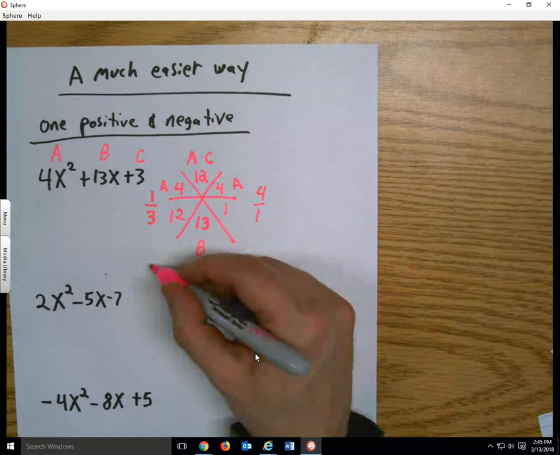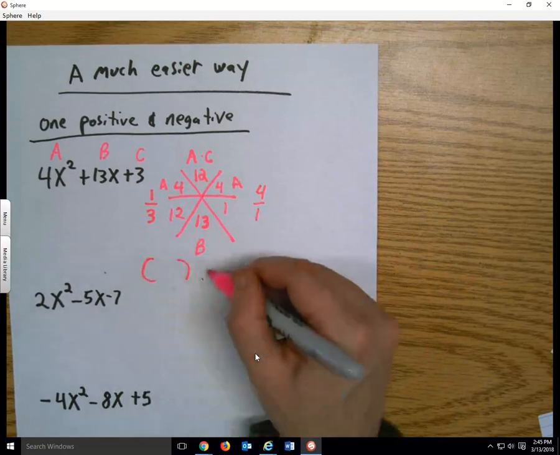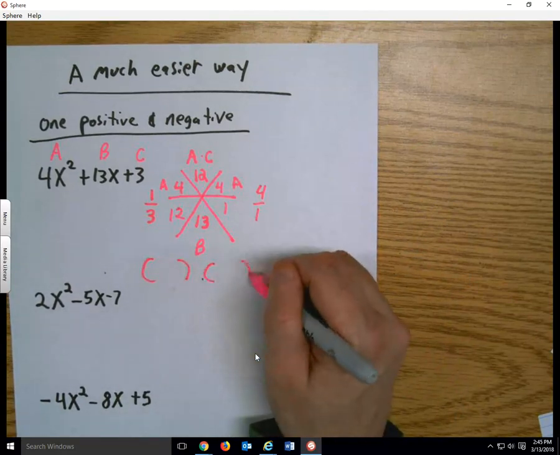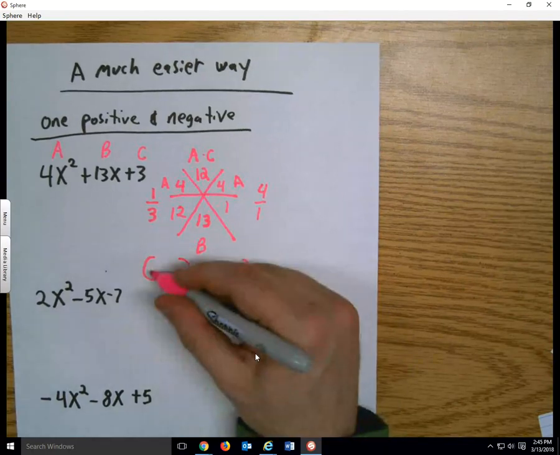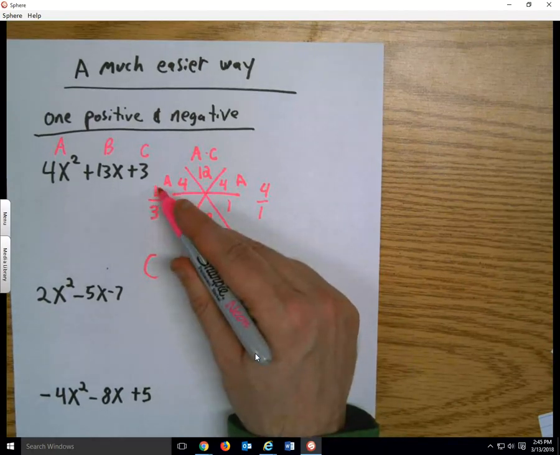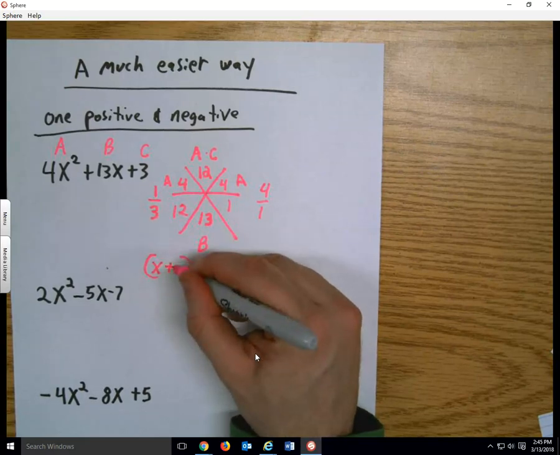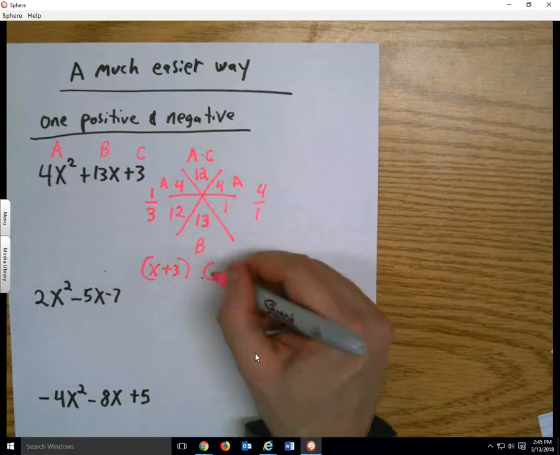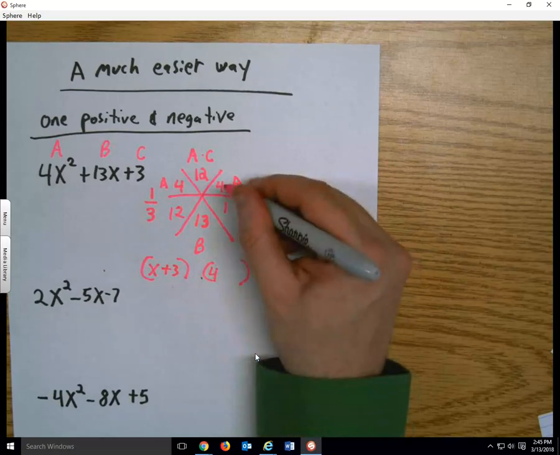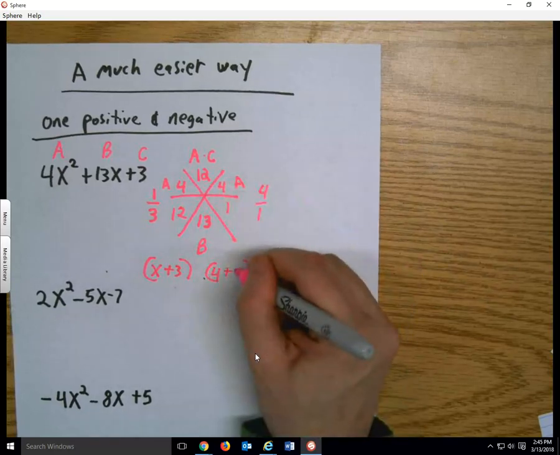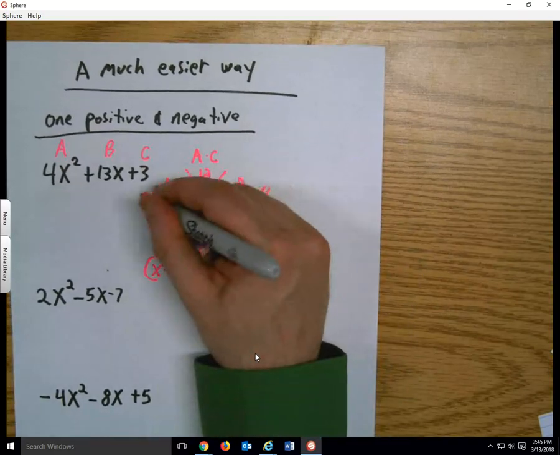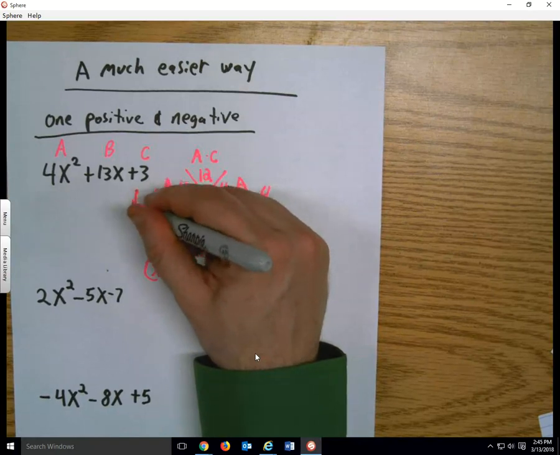Now we just write our answer. So it's 1. You just go in the order you see it. 1x. Since it's a positive 3, you put plus 3. 4x. See, I'm just going in order. Plus 1. So I started at the top here, and I went down.